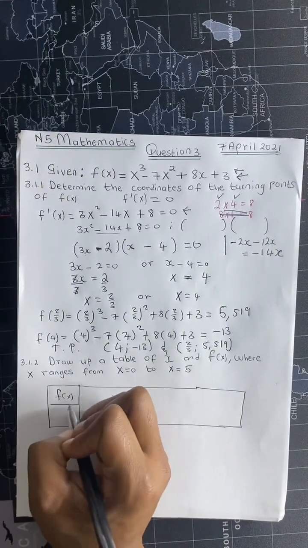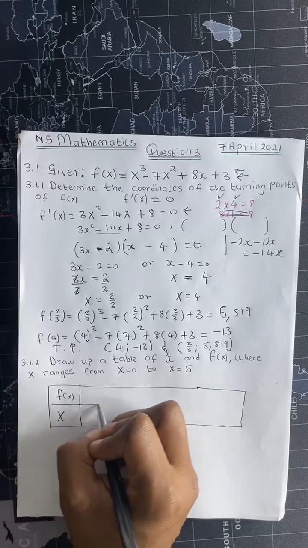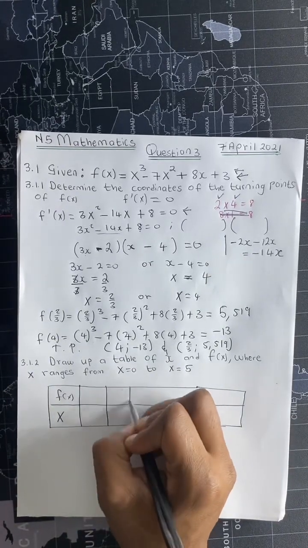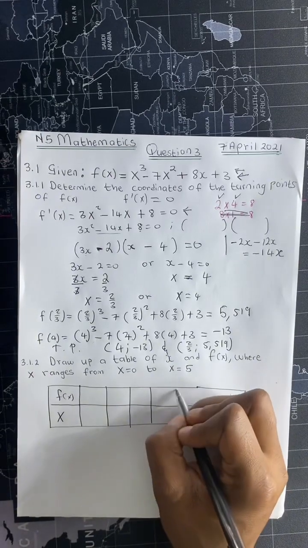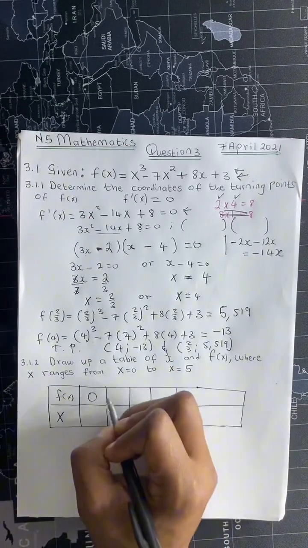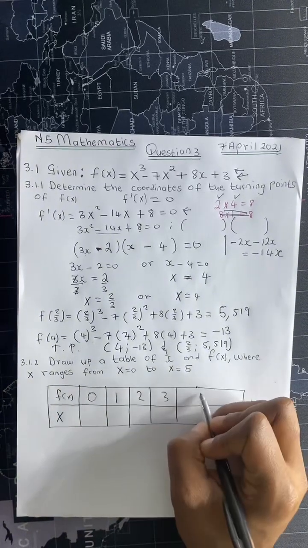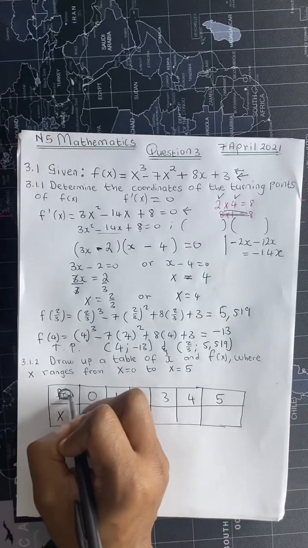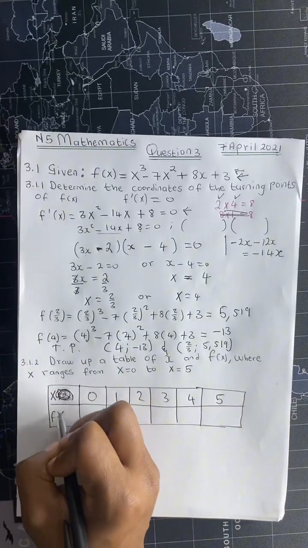We have our x and f of x. From 0 to 5: 1, 2, 3, 4, and 5. Oh no, these are supposed to be x and f of x.